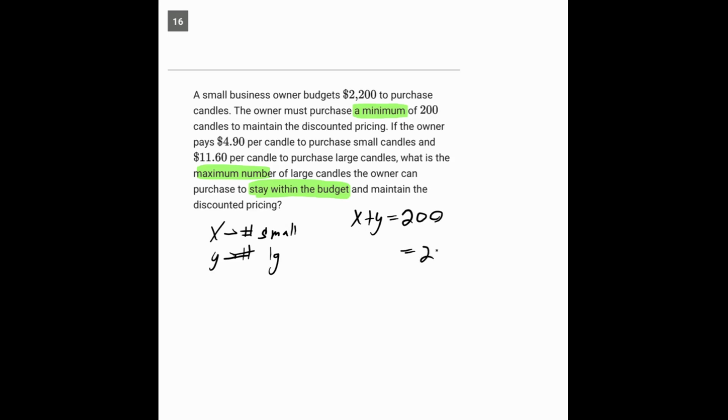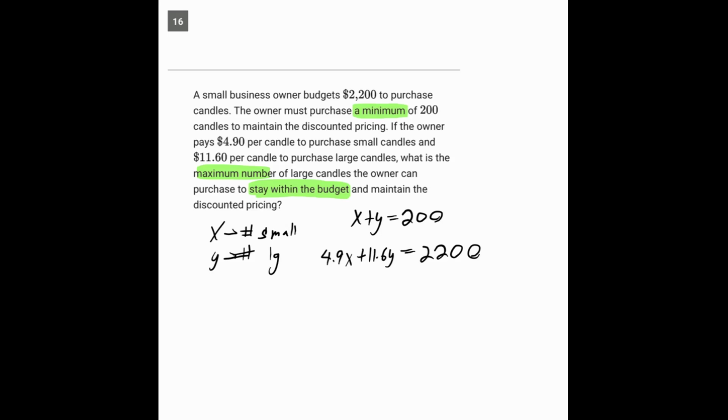And the whole amount of money, well, those are your price times quantity statements, which are really common. That's 4.9 times X, the price of a small candle times the number of small candles, plus 11.6 times Y, the price of a large candle times the number of large candles.